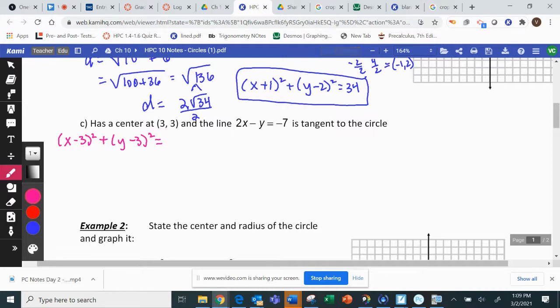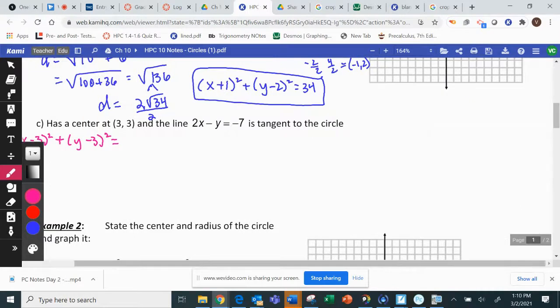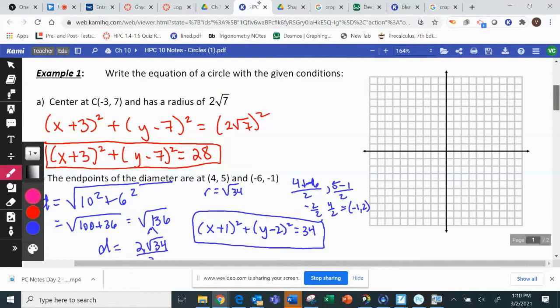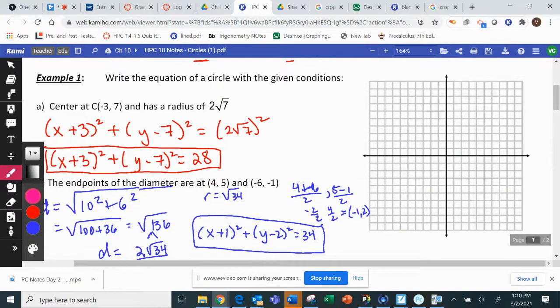What's something we could possibly try? Or maybe you already know how to get started. What about use the tangent? Let's use this graph. Let's draw the stuff.